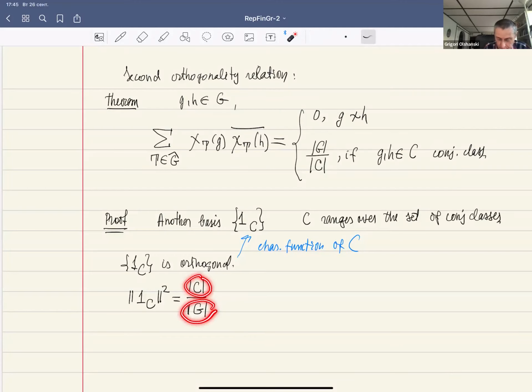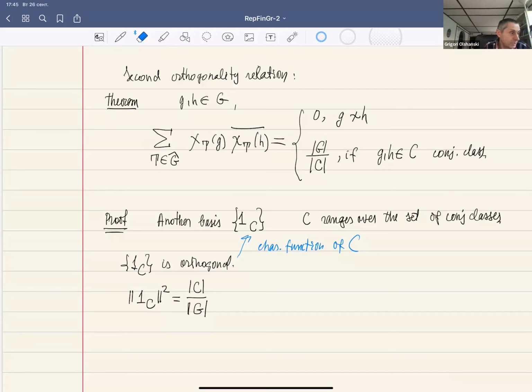And this quantity appears because the support of this function contains exactly this number of points. So it's easy. So we have two orthonormal bases, okay? And so we have a transition matrix between these two orthonormal bases. And this transition matrix is orthogonal. And we just use the fact that the rows and the columns of an orthogonal matrix are orthonormal vectors.